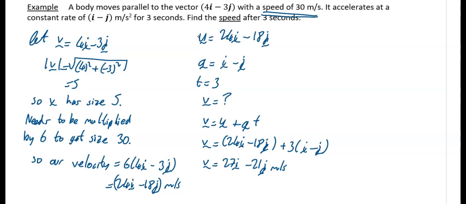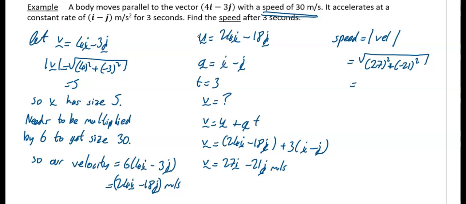So then we'll finish this up. So your speed, remember, is equal to the modulus, or the magnitude, of the velocity, which in this case is going to be the square root of 27 squared plus minus 21 squared. And then we'll just do that out and see what we get.